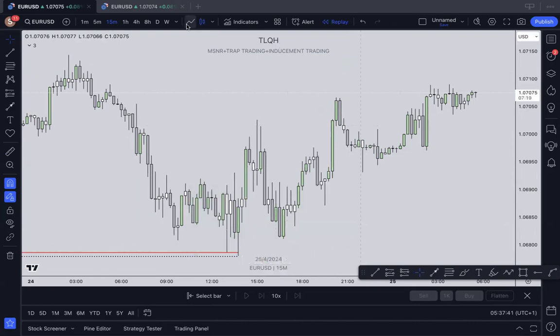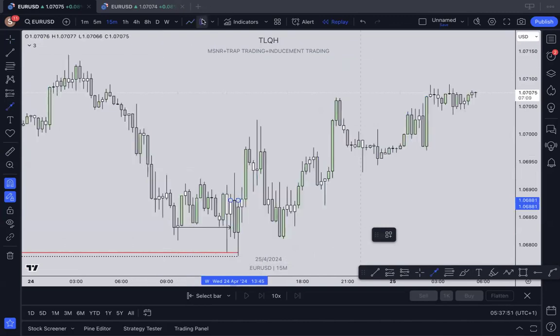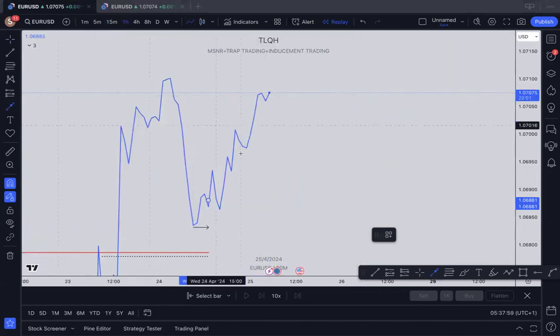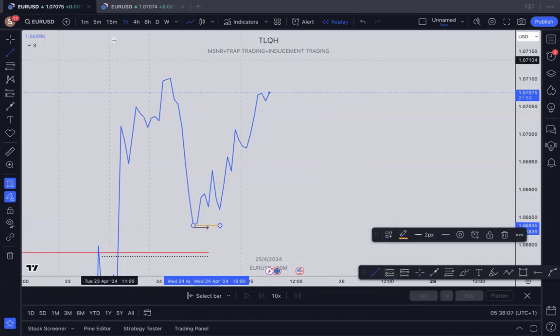So if we look here, we take out this low, and we take out this high, even these highs. Okay, where is this H1 MSNR? We've got H1 A level right there, H1.